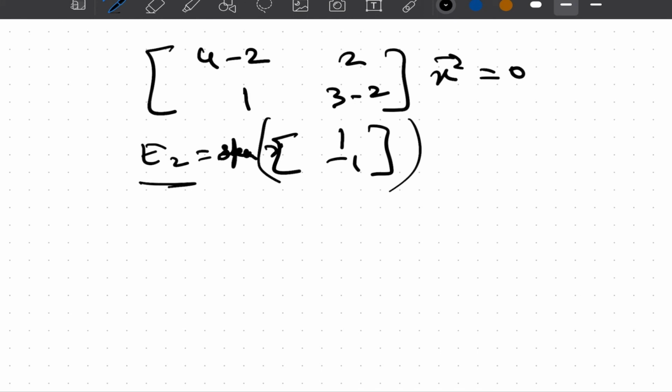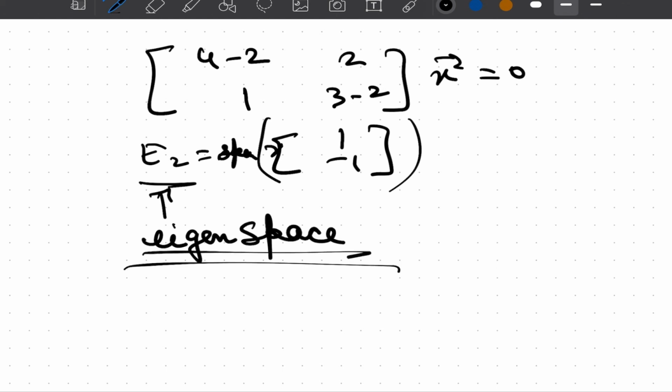The subspace that is spanned by 1, minus 1 is also called an eigenspace. Another fancy term for a very simple concept that we already learned when we were talking about spans and bases. In this case, you see that the geometric multiplicity for all these is going to be 1 because there is only a single vector spanning that particular space.